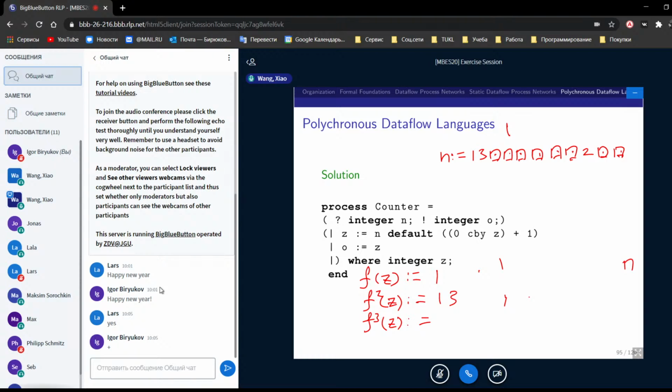Now we have 1, 3. It's 0 continued by z, and now z is this one, remember, because we're doing a fixed point iteration. After applying the function, we get a z, and we need to apply the function to z again. It's 0, 1, 3 plus 1 is 1, 2, and 4, right? And if we have n default that, then it's 1, 3, 4.